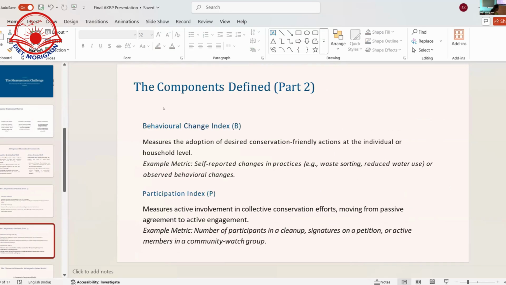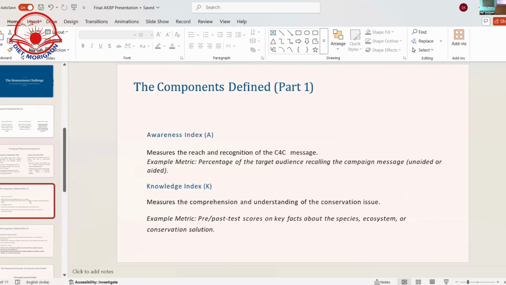Then the components can be defined as awareness, as index A. A is measured as the reach and recognition of the C4C message. For example, the percentage of the target audience recalling the campaign messages can be regarded as index A. Then the knowledge index.